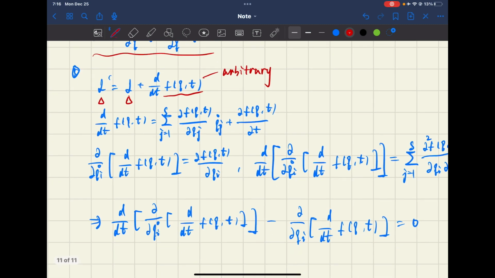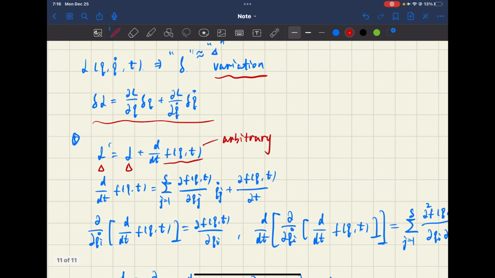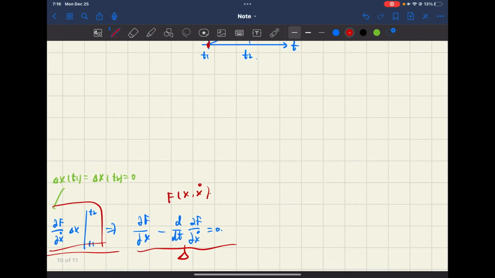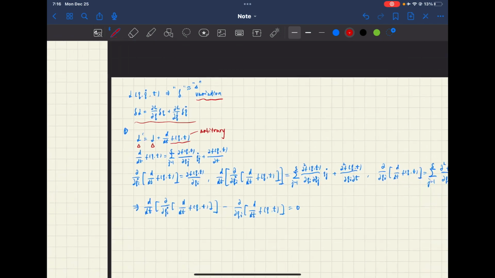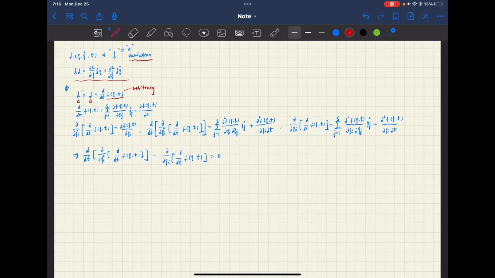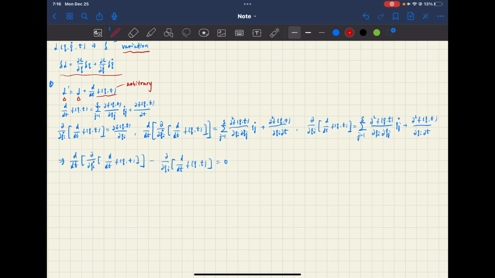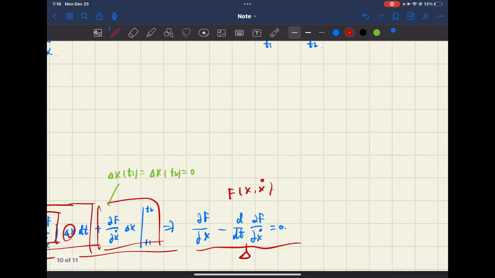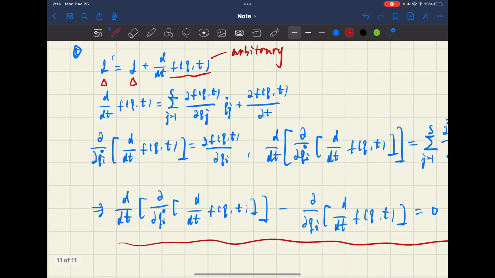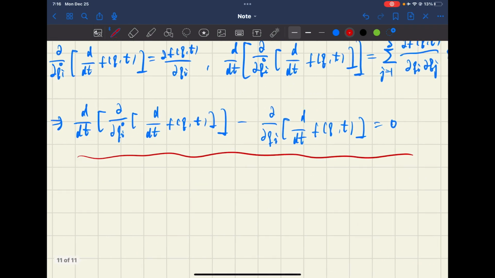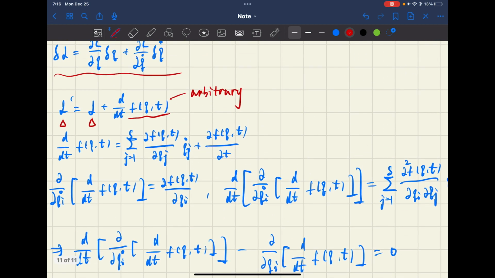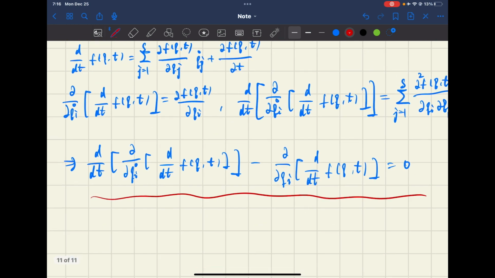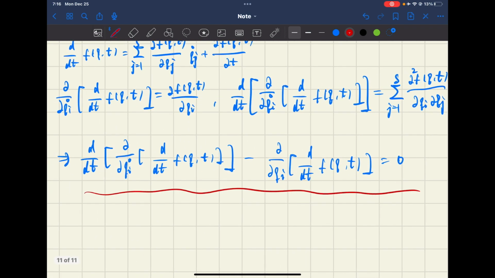If we put this into the Lagrange equation, here is the calculation process. I hope you can understand. After a series of calculations, we get here. If we check this against the form of the Lagrange equation here, we find that if we put this into this equation, they are the same.